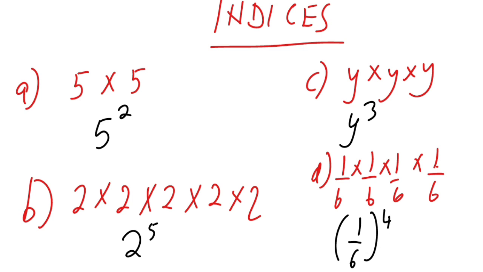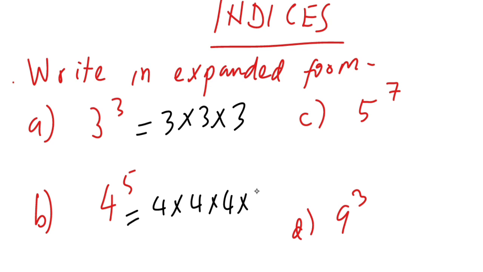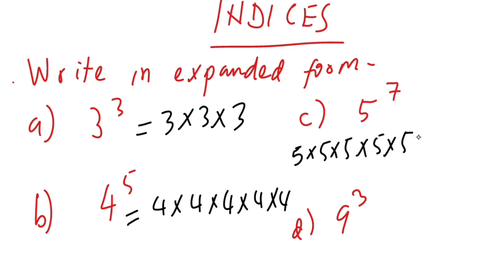Very simple answer. Now what if umepewa hii sasa number ambayo iko power form, uandike in expanded form. So it's just the same, we're just going back and forth. So 3 cubed ni just 3 times 3 times 3. Okay, 4 to the power of 5 is just 4 times 4 times 4 times 4 times 4, which is very easy. And 5 to the power of 7 is 5 times 5 times 5, those are 3 5s. 5 times 5, those are 5 5s.